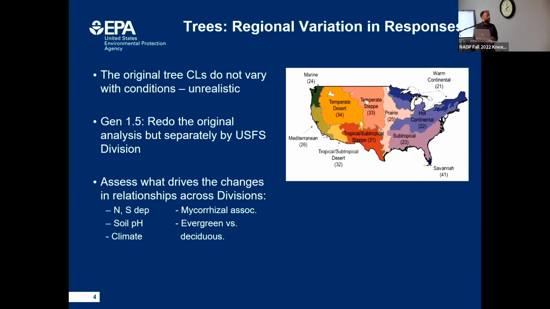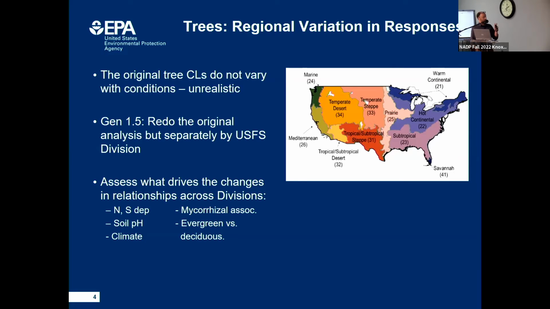Because one thing that we did find is there are a few species that were surprises where at the national level it was a flat relationship. And what we thought might be happening there is because we have opposing relationships in different parts of the country. And so this was our first cut. It's kind of a rough proxy. I'll talk about the next levels after this.